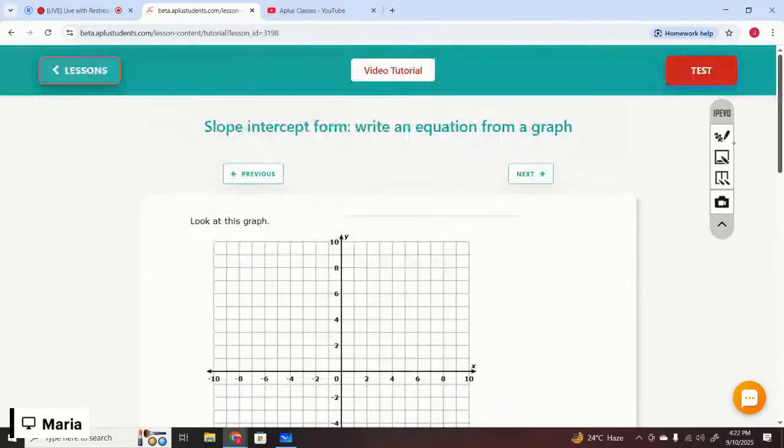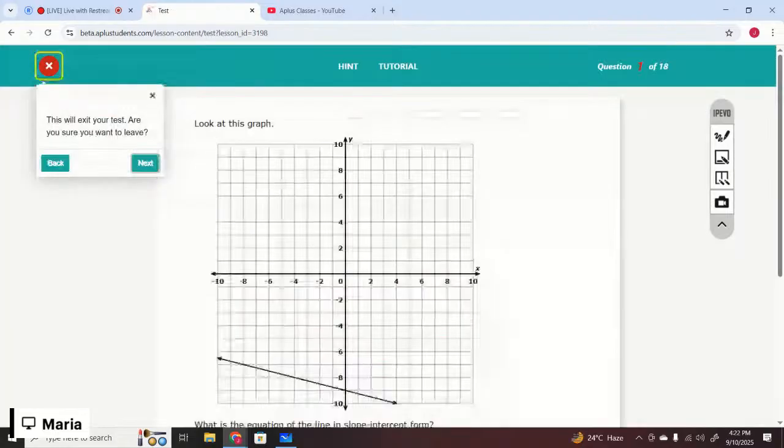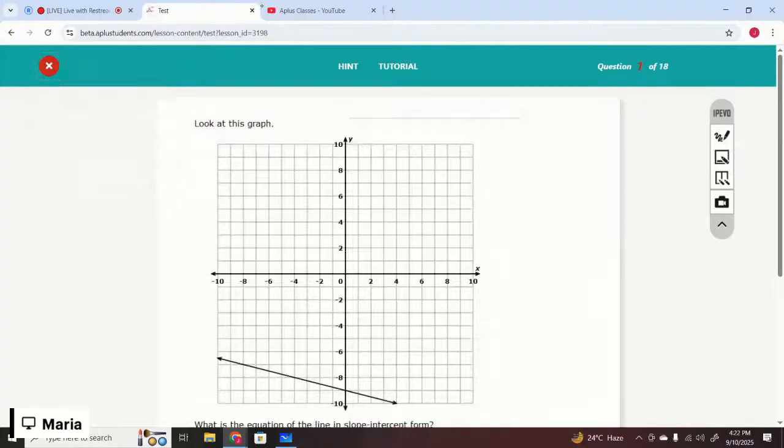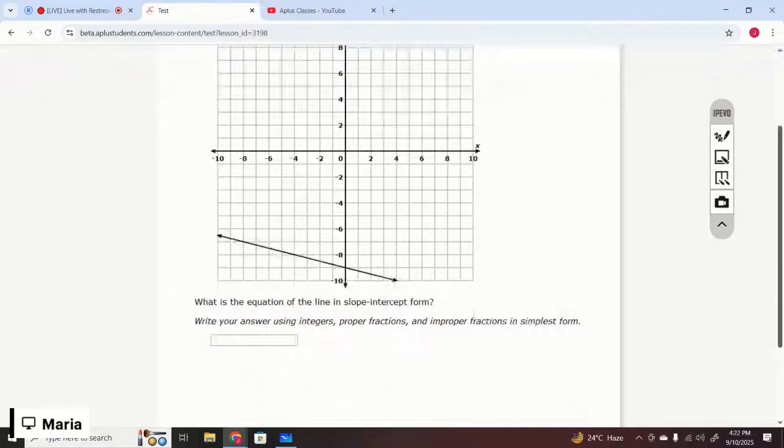Let's just start with the test questions. Look at this graph. Write an equation of the line in slope-intercept form.